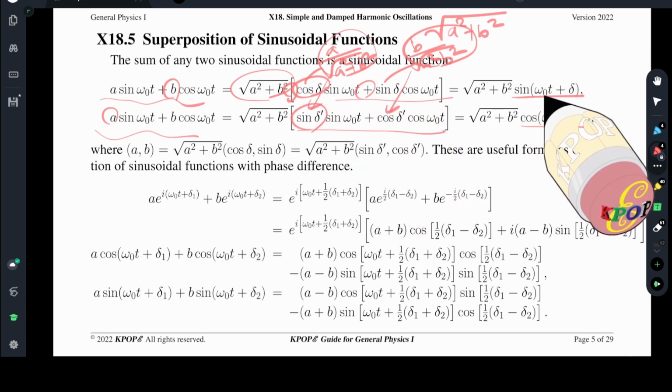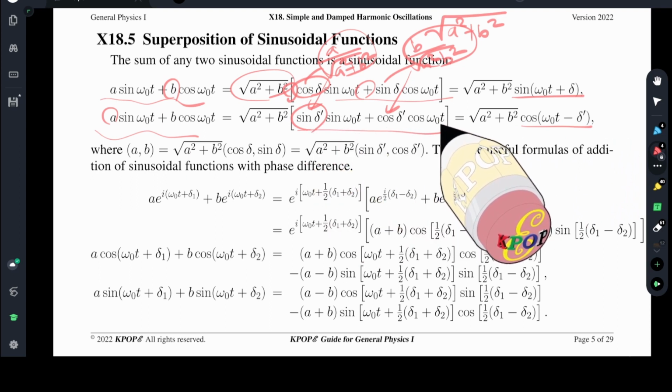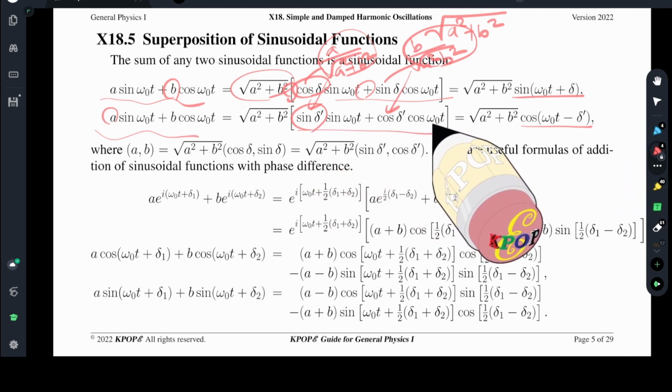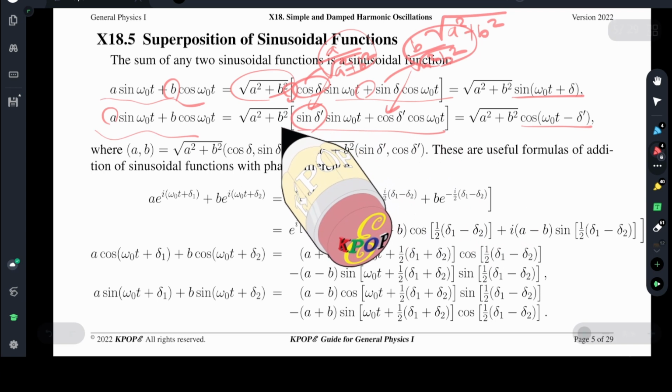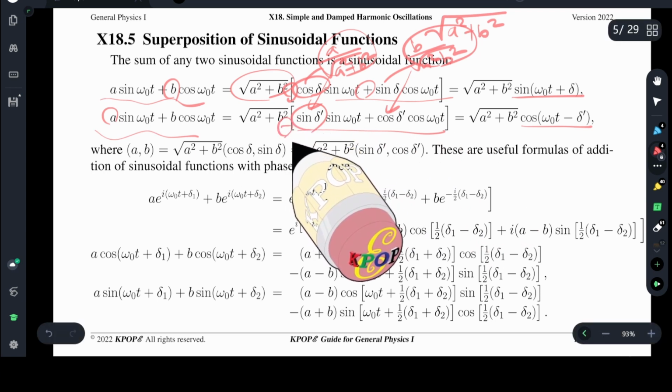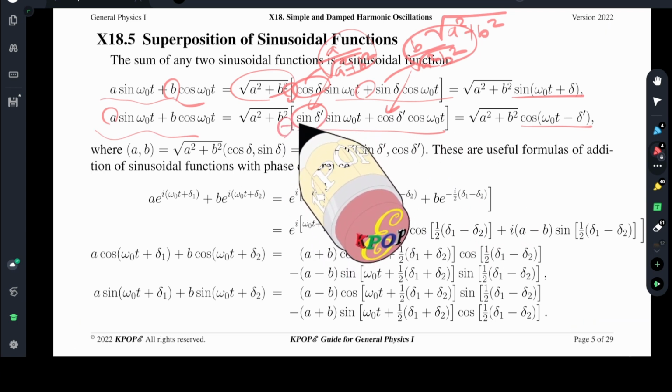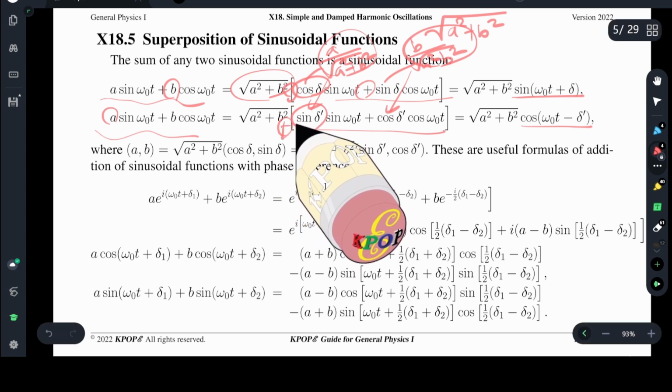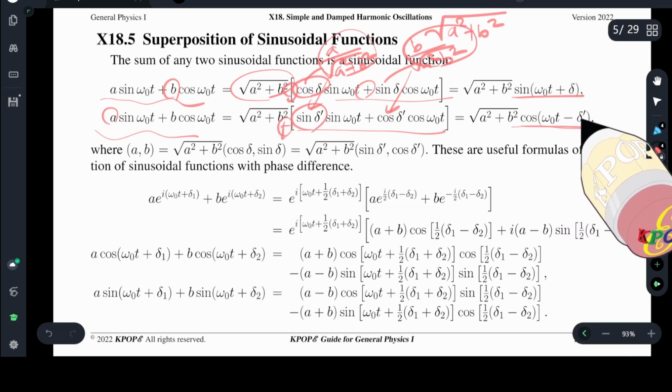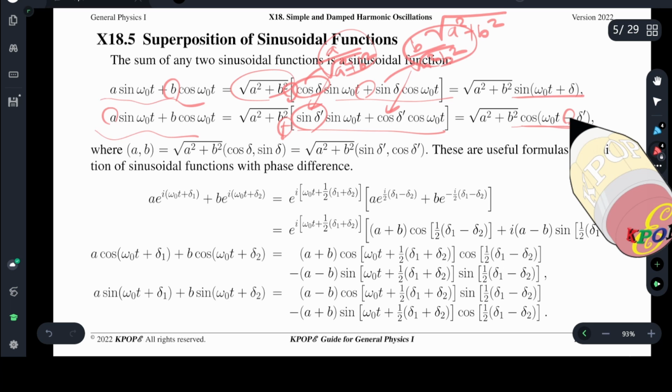But in the other case, cosine cosine, we need to put the negative sign on it. That's the reason why, if we use a positive sign here, this formula has a negative phase constant.